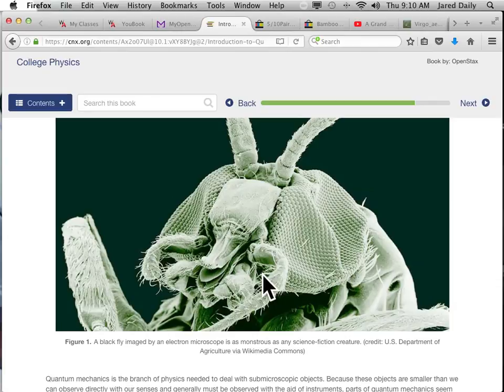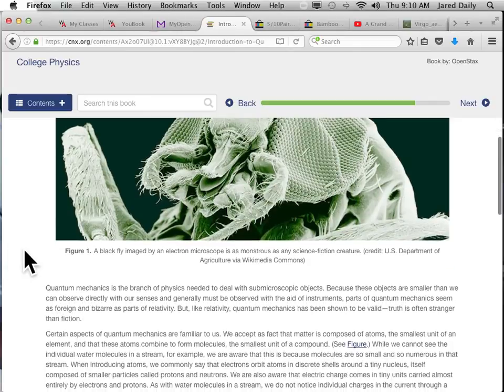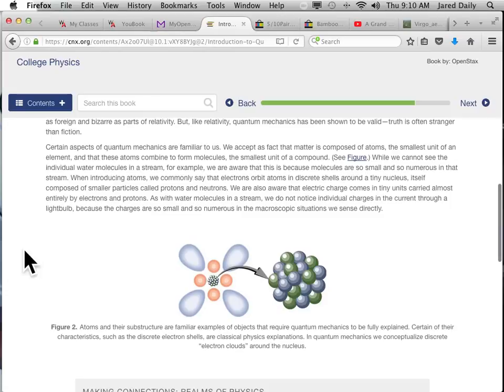I mean, an electron is a particle. How is it going to give you any kind of image? That is the question, one of many questions that is answered with quantum theory and quantum physics.